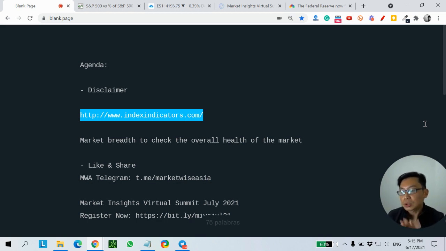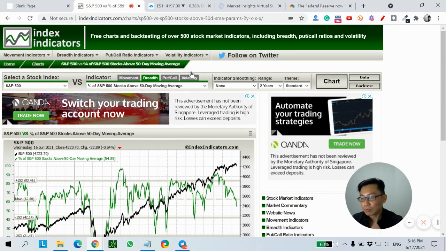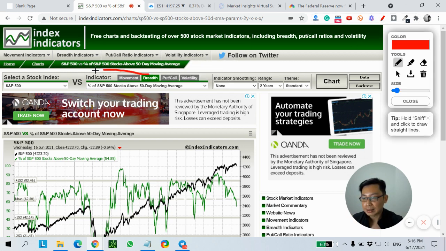So let's go to this site called indexindicators.com. This is the site, and I'm going to use the number of stocks above the 50 days moving average. I hope you guys can see over here: percentage of S&P 500 stocks above the 50 days moving average.